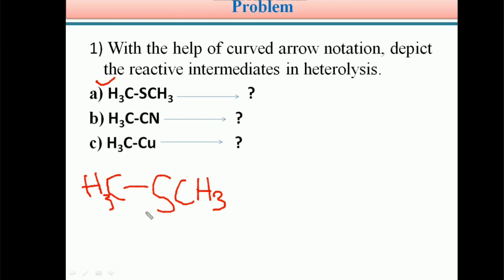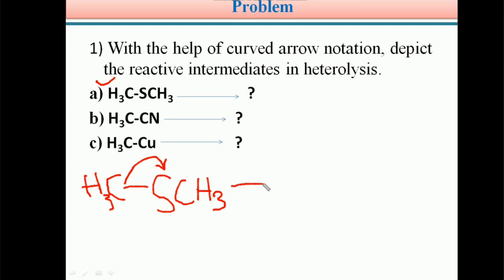If you compare carbon and sulfur, the electronegativity of sulfur is somewhat more than carbon. As a result, heterolysis takes place in such a way that the bond pair of electrons goes towards the sulfur.